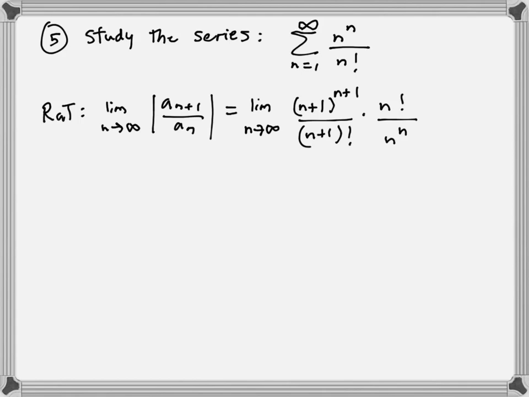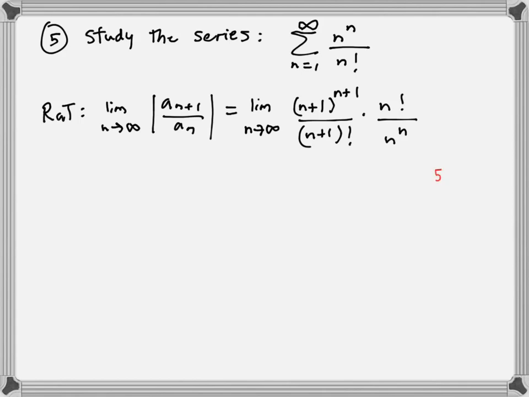Okay, this might look weird, right? We've got a lot of stuff here and we want to figure out how to cancel stuff correctly, okay? Let me go ahead and deal with the n factorial and the (n plus 1) factorial first. Factorials cancel really nicely with their subsequent term, right? Let me give you an example.